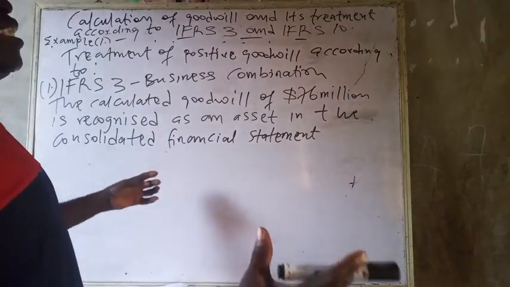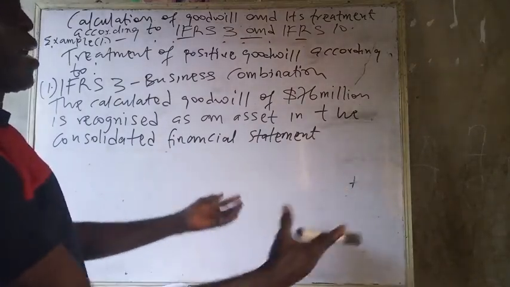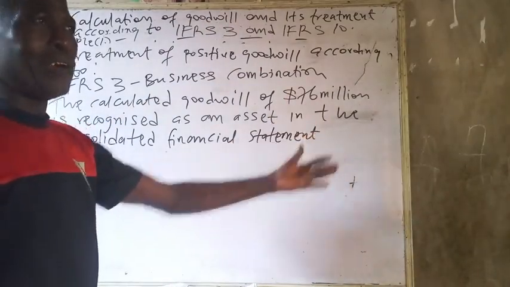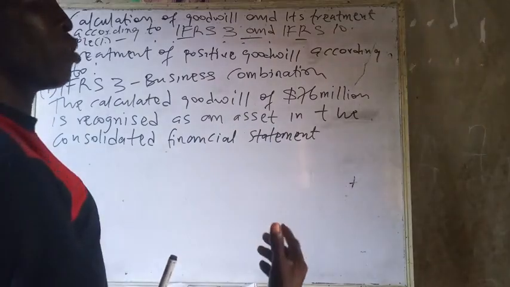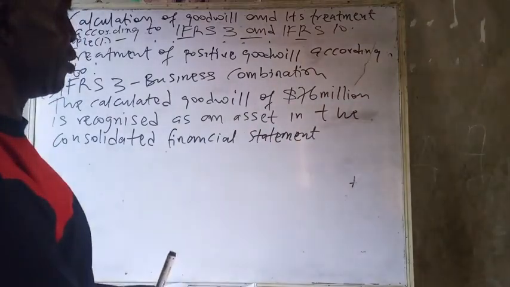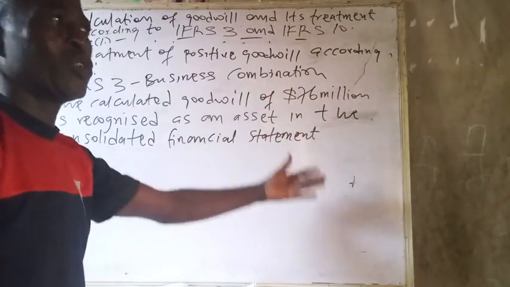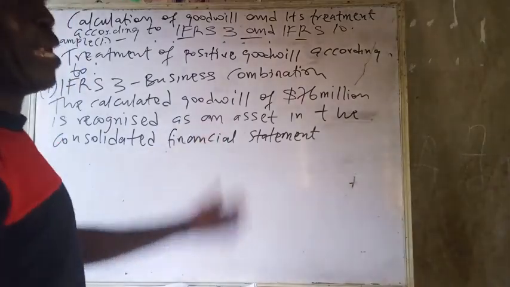That is the group accounts. The parent company has its own account, and the subsidiary company has its own financials, its own balance sheet and its own P&L.